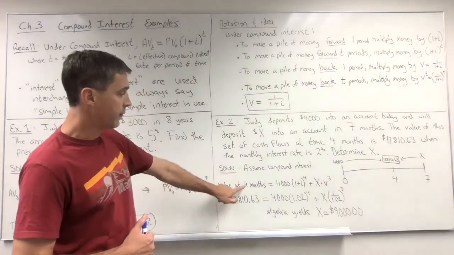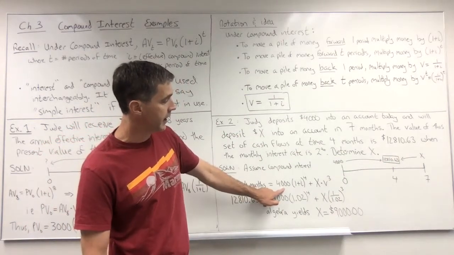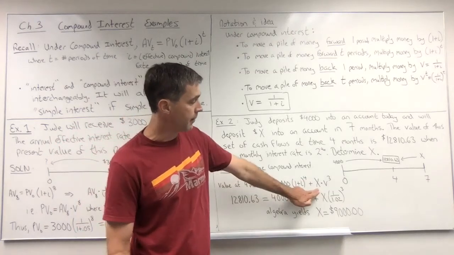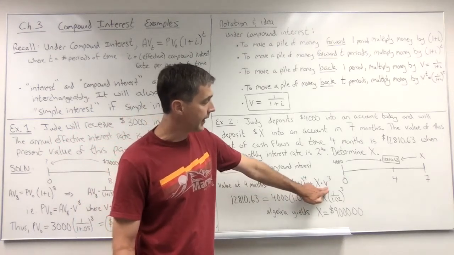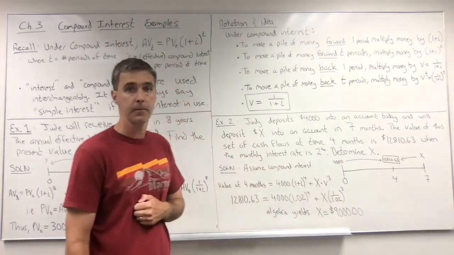So the value at 4 months is obtained by taking that $4,000 pile of money and pushing it forward 4 periods, and taking that pile of money, X dollars, and dragging it back 3 periods, months in this case.